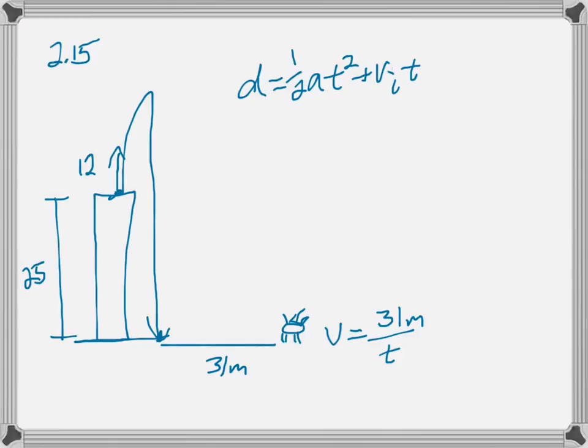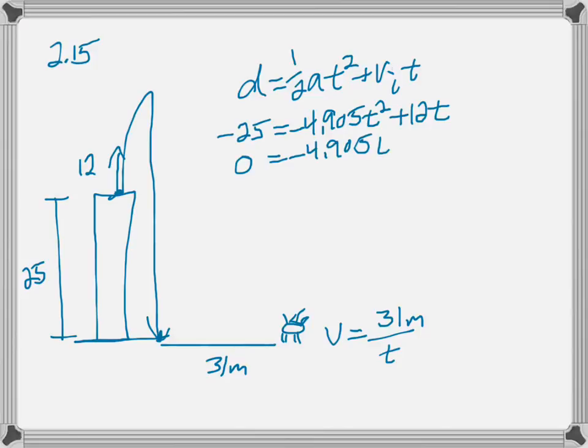And our displacement from here down to the ground would be a negative 25 meters. 1/2 of A is gravity, so I could write that as a negative 4.905, 1/2 of negative 9.81, T squared, plus the initial velocity is 12 T. We're going to take the negative 25 to the other side, so I have negative 4.905 T squared plus 12T plus 25.